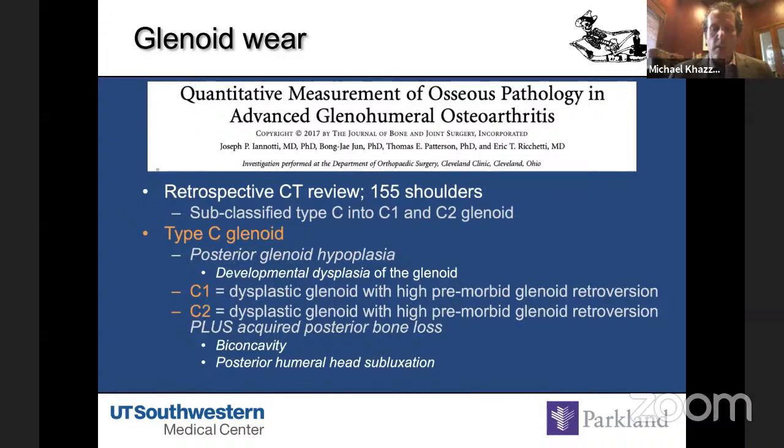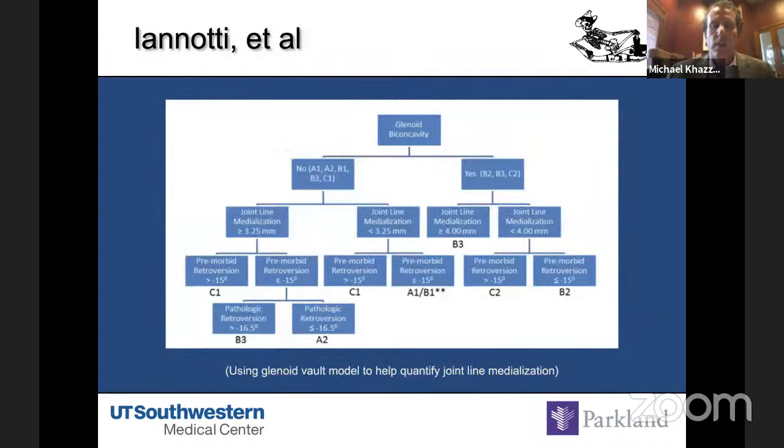So you get this posterior humeral head subluxation, dysplasia of the glenoid, and then biconcavity of this hypoplastic glenoid. And they used what they call the glenoid vault model to classify these things and get a better assessment of how to treat these based on joint line medialization, premorbid retroversion, postmorbid retroversion, as well as the classifications.